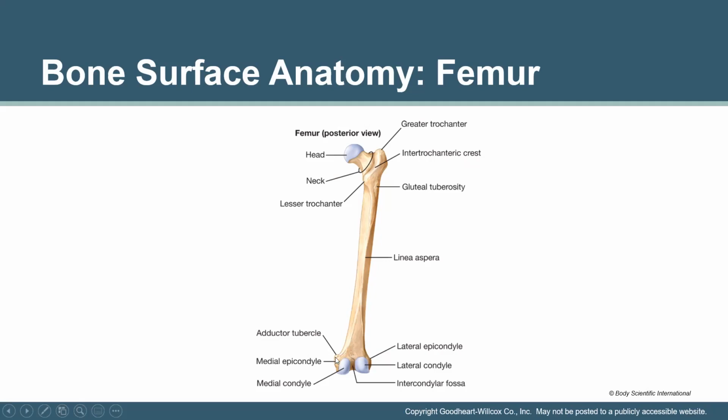If we have an epicondyle, chances are we have a condyle because the prefix epi will tell us that it's above or around the condyle. Lo and behold, we do have a medial condyle. Then you'll notice a groove or a space or a depression that is called the intercondylar fossa. Lateral to that fossa, we will have the lateral condyle and lateral epicondyle of the femur.